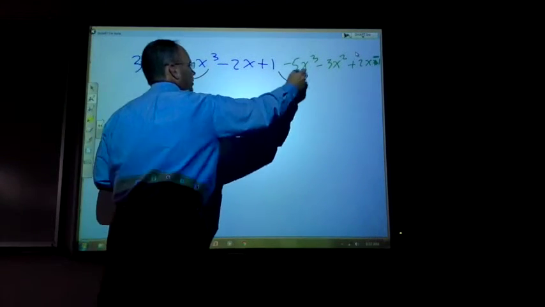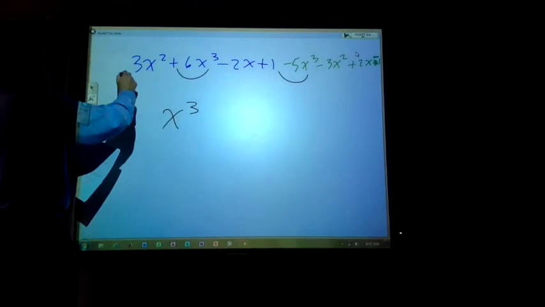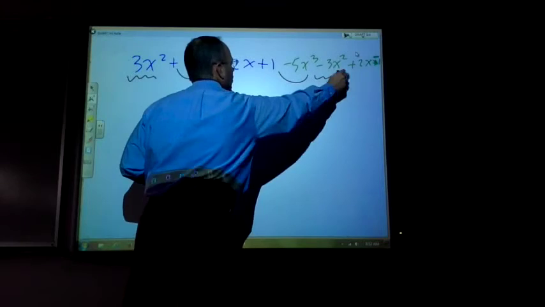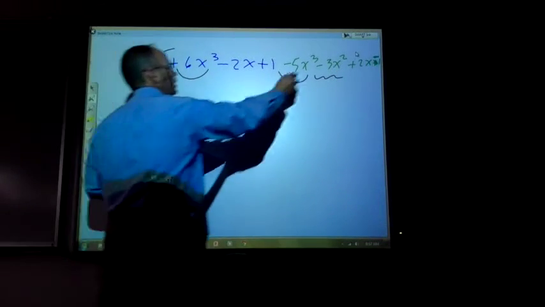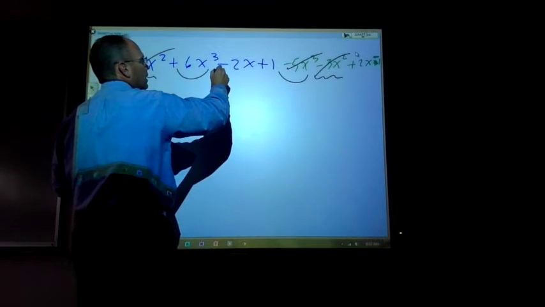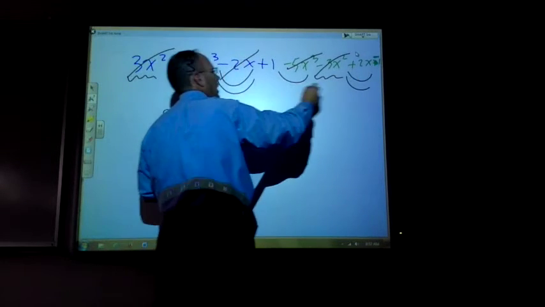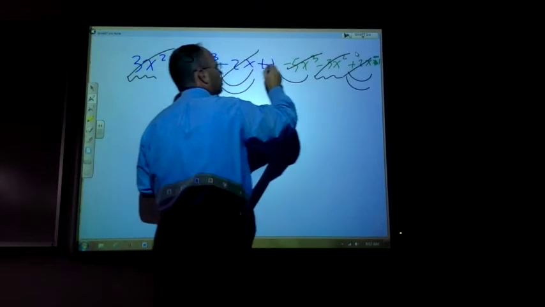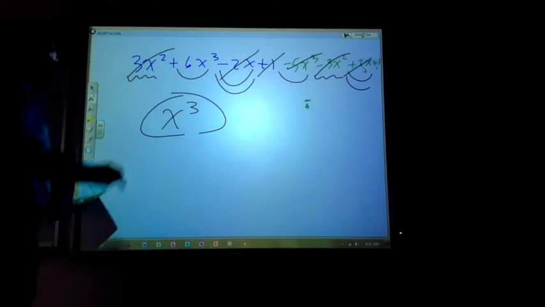This and this are like terms. That gives me x to the third, or 1x to the third. And then I have this and this. They're completely opposite. They cancel. And then I have this one and this one. Completely opposite, cancel. Then I get plus 1, minus 1. Cancel. Where's my answer?